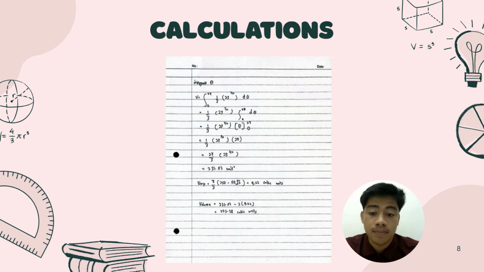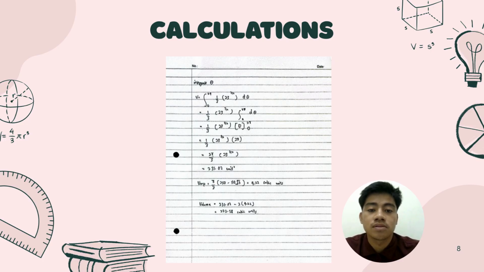Plugging in our upper limit of 2 pi and subtracting the lower limit of 0, the expression becomes 1 over 3 times 23 to the power of 3 over 2 times 2 pi. Rearranging these terms gives us our exact value, 2 pi over 3 times 23 to the power of 3 over 2. When we compute this decimal approximation, we get a baseline volume of 231.02 cubic units.